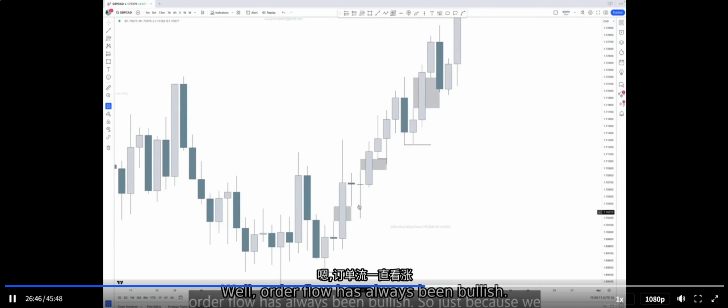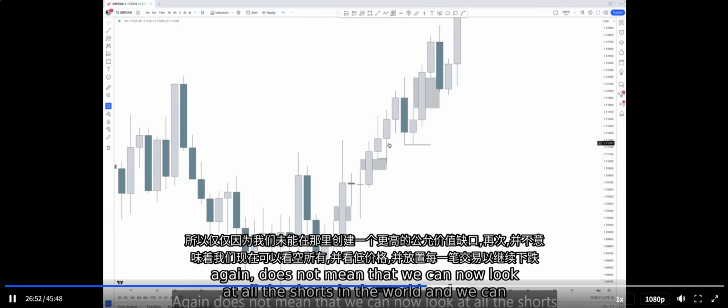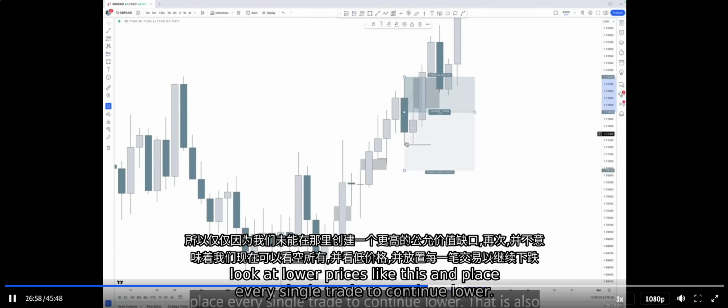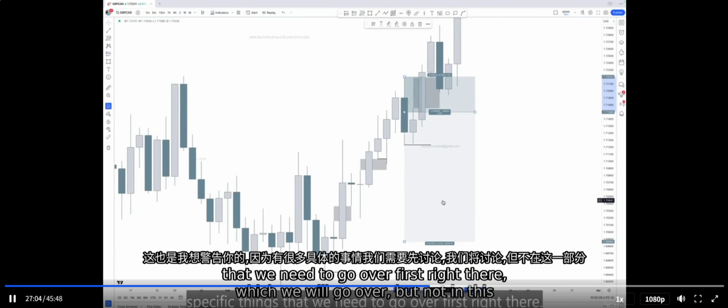Well, order flow has always been bullish. So just because we failed to create one fair value gap higher right there does not mean that we can now look at all the shorts in the world and look at lower prices like this and place every single trade to continue lower. That is also what I want to warn you for, because there are quite some specific things that we need to go over first, which we will go over, but not in this part.